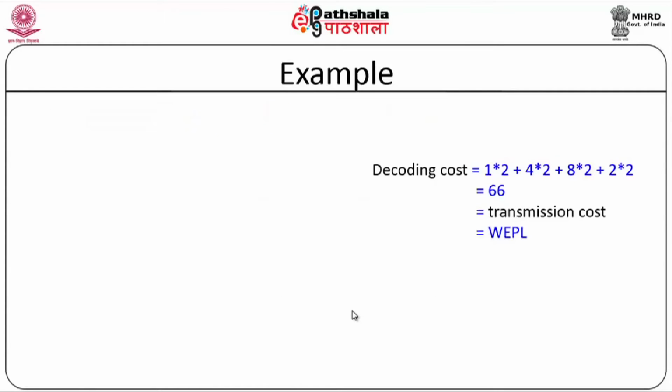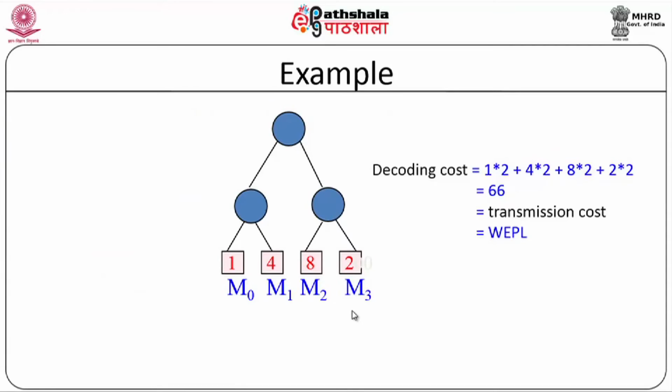So, we will take one simple example. Let us take 4 messages. You can see that this is one way of constructing the tree. The decoding cost is, you can see very well, 1, that is M0 multiplied by the path length, and 4 multiplied by 2. By repeating this, you can see that this is 66.